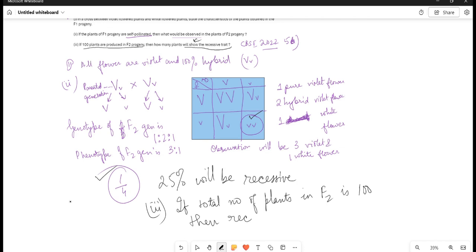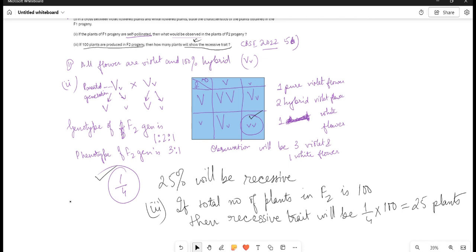We will write, if the total number of plants in F2 is 100, then plants showing the recessive trait will be 1/4 into 100, that is equal to 25 plants. Simple. So 1/4 of 100 will show your recessive trait.